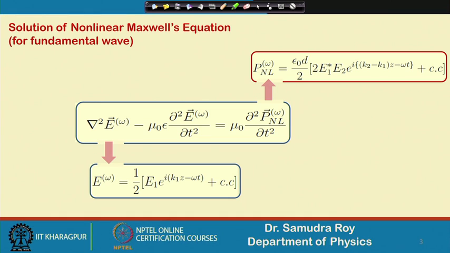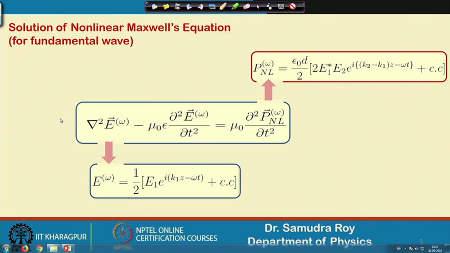So, this is the expression that we derived in our previous class. In order to find the solution for the amplitude of the electric field, let us first once again remind ourselves what we have.